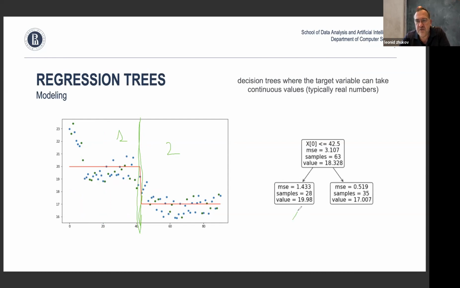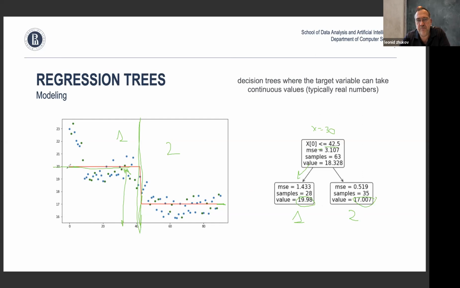And here it corresponds to space 1 and space 2, where the average value here is 19, that's this value, and the value on the other side is 17. And the way the tree operates, when a new sample comes, say I put here x equal to, I don't know, 30, then according to this condition, it will go to the left-hand side, and it's going to be predicting this value.